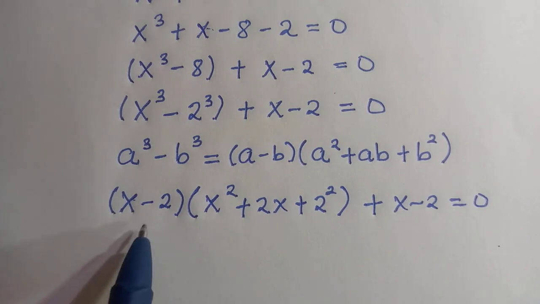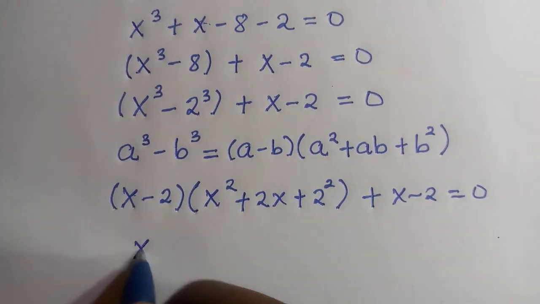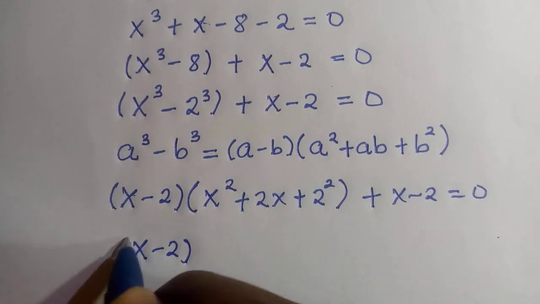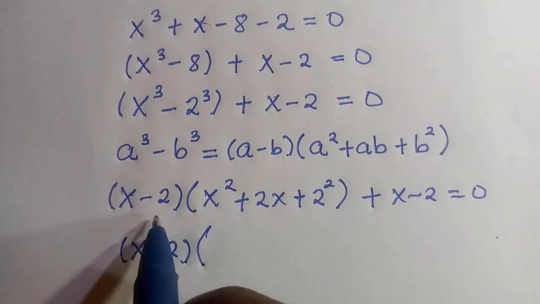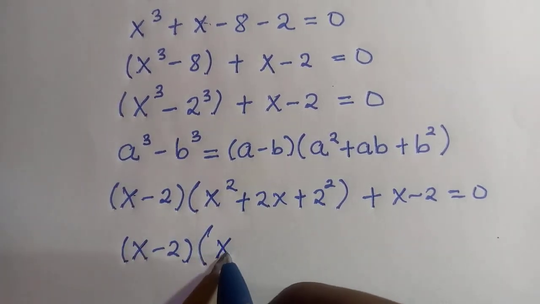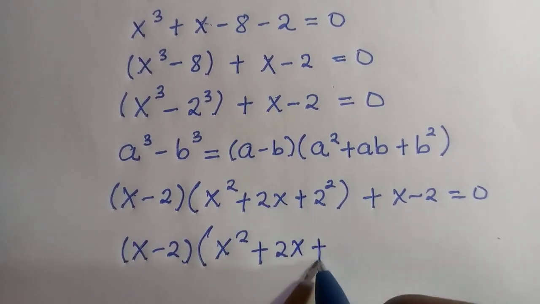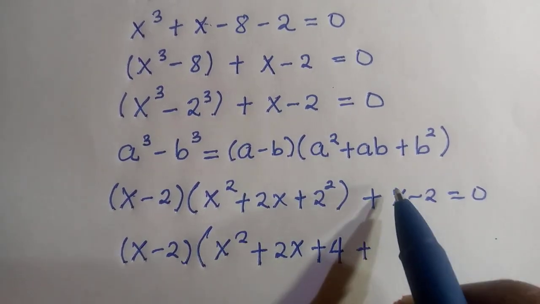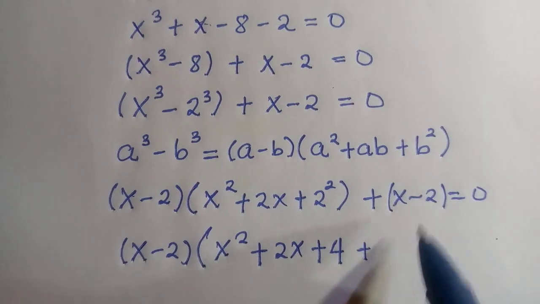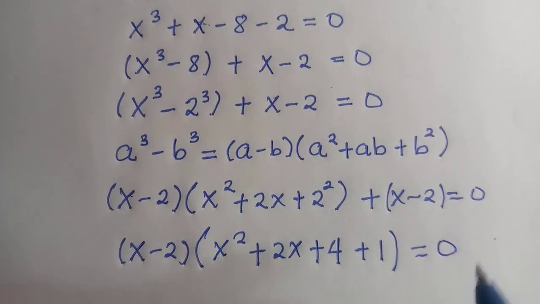So we have here x minus 2, and here is also x minus 2. By factoring it out, we have x minus 2 in bracket, then open bracket. When we divide this one by x minus 2, we are left with x squared plus 2x plus 2 squared, which is 4, then plus, dividing this side as well by x minus 2, we are left with 1, in bracket, everything equals 0.